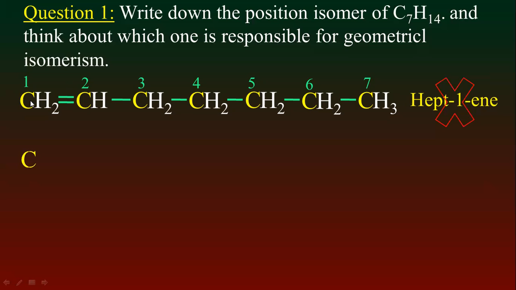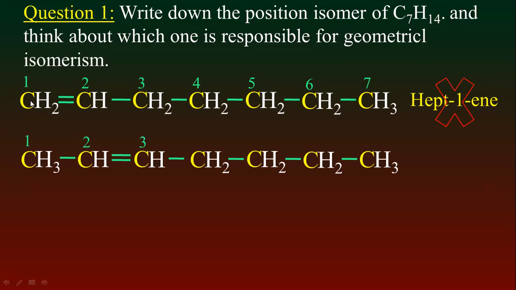Okay, now the next position isomer. Here the chemical name will be hept-2-ene. Do you think that hept-2-ene is responsible for geometrical isomerism? The answer is yes, because here the carbon atoms containing the double bond have two different groups. The second carbon has a methyl group and a hydrogen.